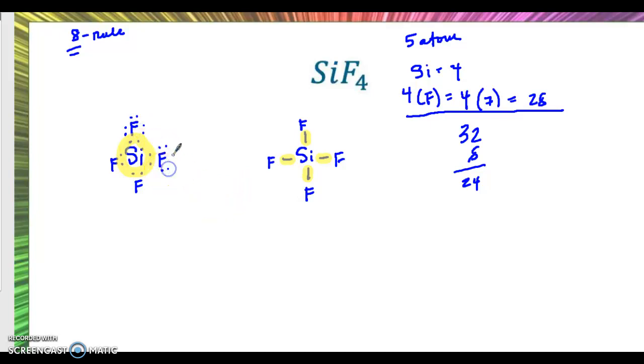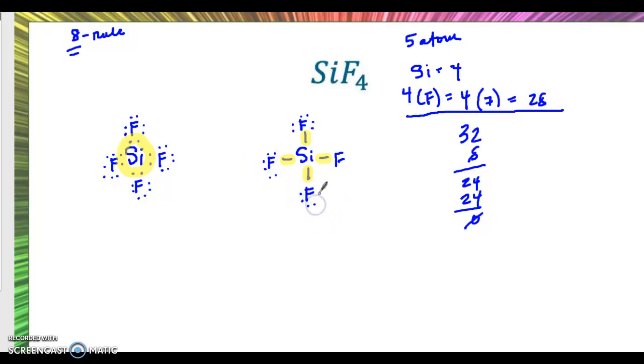So I had 4 fluorines, and I gave each of them 6 more electrons. 6 times 4 is 24. So I have just placed all of those 32 electrons on this one. And then I'm going to do that over here as well. So each fluorine gets 6 electrons.